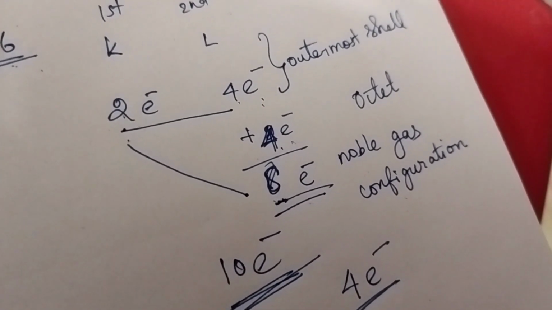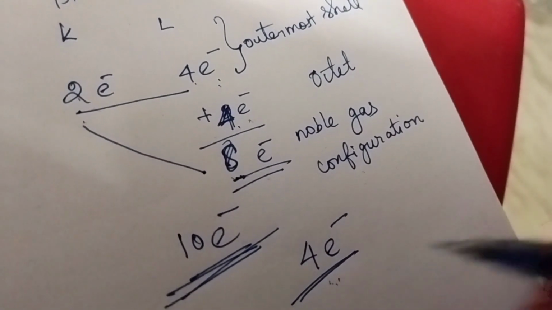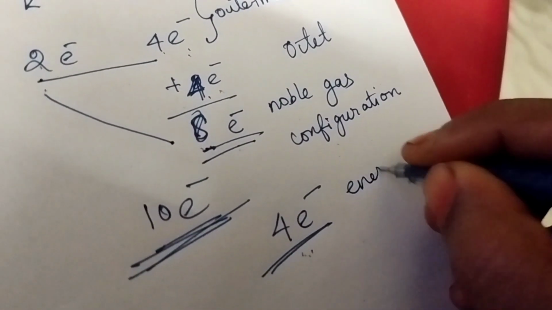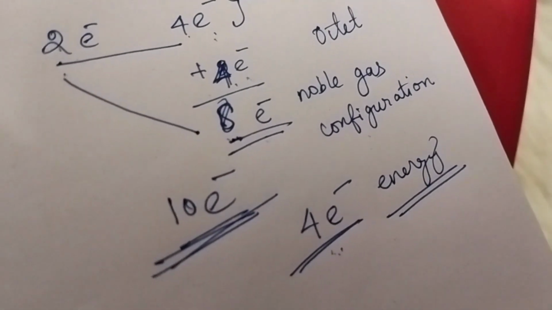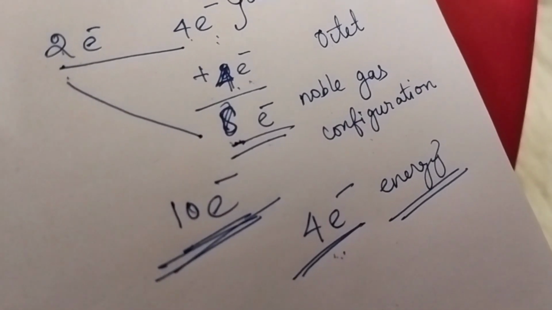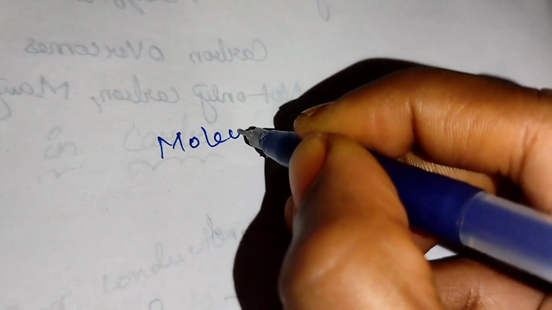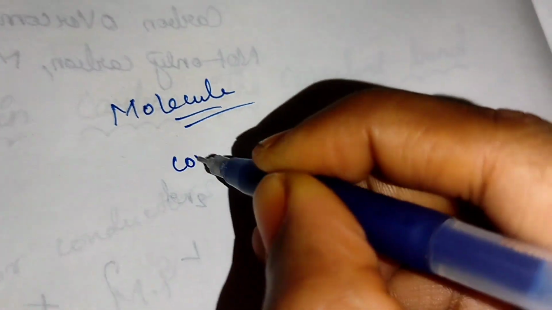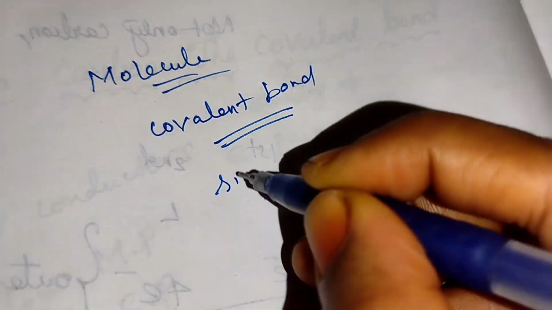Otherwise, if we remove 4 electrons, a large amount of energy is required, so that is also difficult. Not only carbon, many elements undergo this problem. Now we are going to see some simple molecule formation using the covalent bond. A single bond we are going to see.